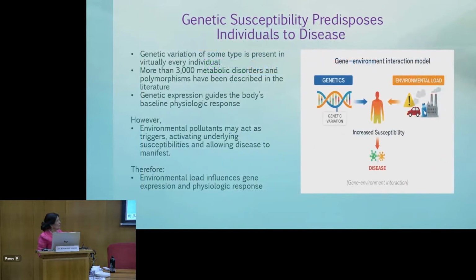Now let's look at the genetic susceptibility. There are about 3,000 metabolic disorders. And polymorphisms, like yesterday, our colleague described that there can be a problem with the MTHFR polymorphism, and there may be a relative deficiency of B12 and folate.